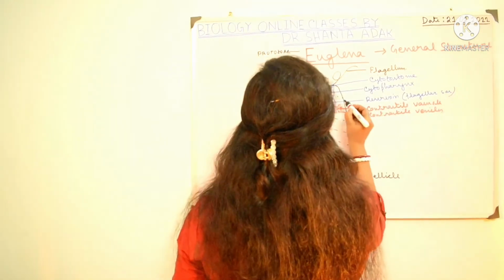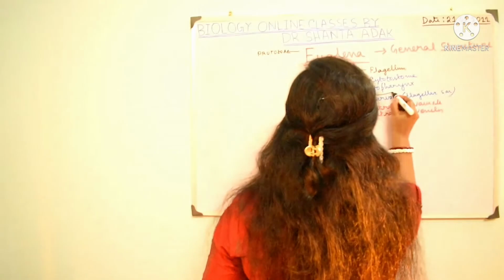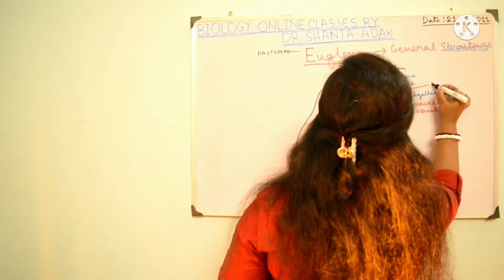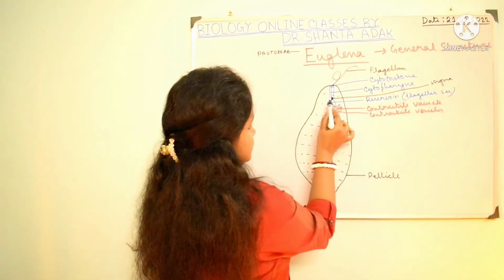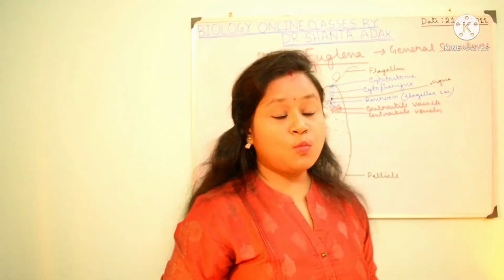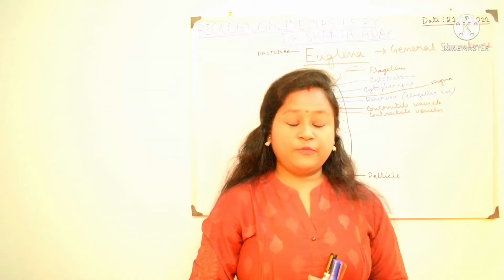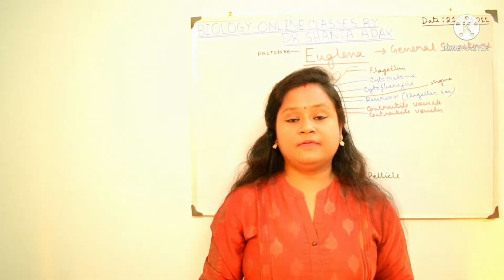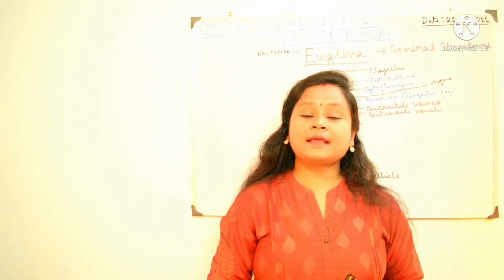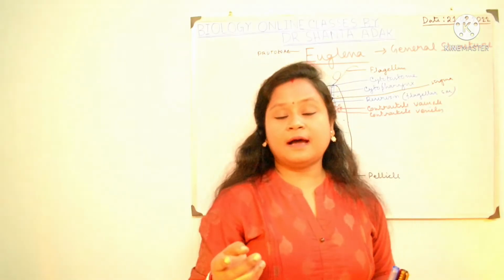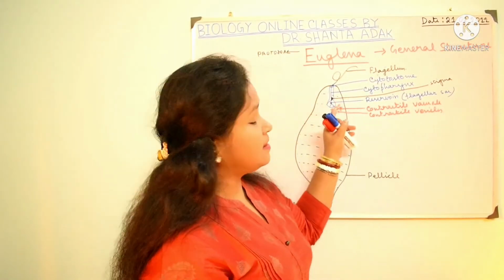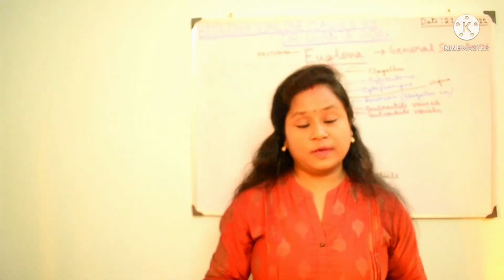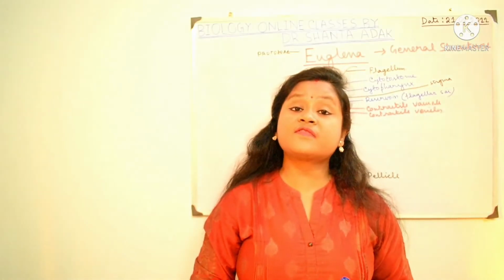The next point is stigma. So what is stigma? Very close to the reservoir, near the inner end of the gullet, gullet being another name of cytopharynx, there is a red spot.